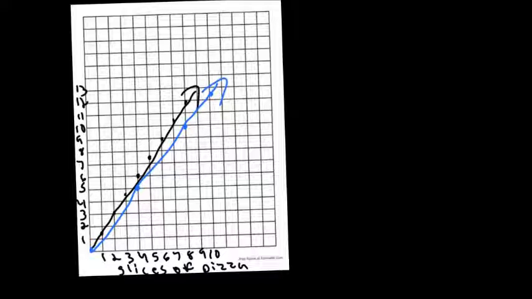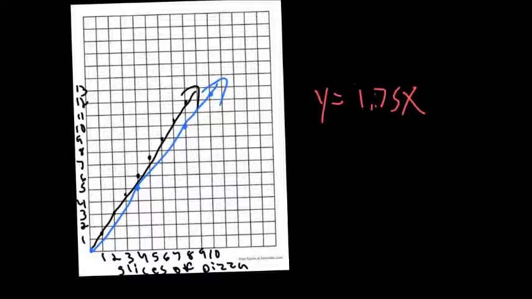And then I'm going to give you one more pizza place. So let's say this place charges $1.75 per slice of pizza. So that'd be $1.75x. So let's graph that. Let's see where we would get an even number.